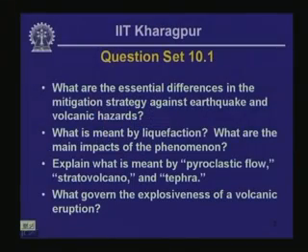On the other hand, volcanic hazard to a great extent is managed by predicting the timing of a volcanic eruption and removing people from the areas that are likely to be affected by different kinds of volcanic hazards. So this is basically the main difference between the mitigation strategies against earthquake and volcanic hazards.